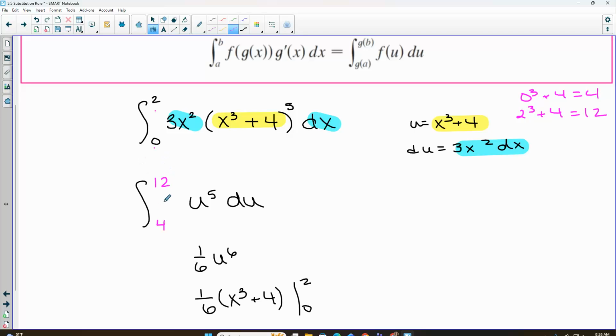If you change them, then those are the u values, so there is no need to ever plug x back in. You just evaluate from here. So you either have to plug x back in at the end and then evaluate, or you change your limits to match the u values, and then you just keep it in terms of u to evaluate.